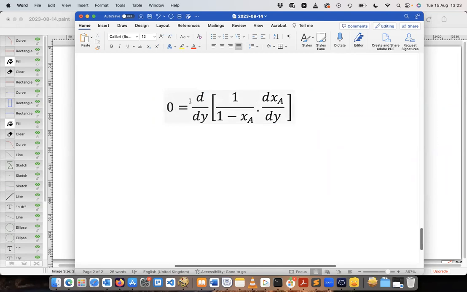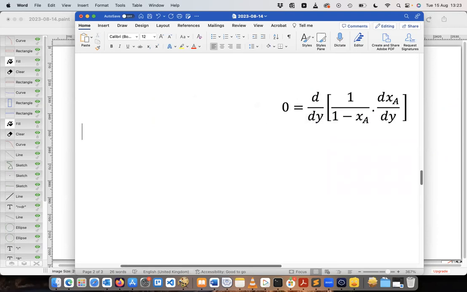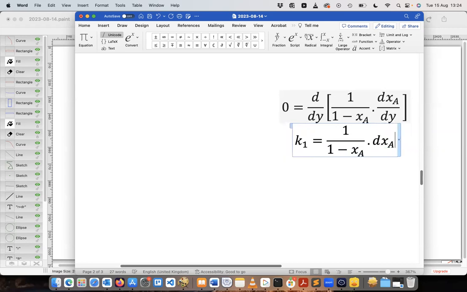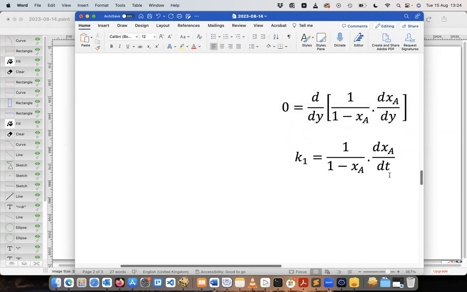If we look at this, number one, we can just integrate this with respect to y. So we can say the constant k1 equals, and integrating on this side, we are just left with the kernel in here: 1 over 1 minus x_A, dx_A/dy. So after the first integration, that's what we have.